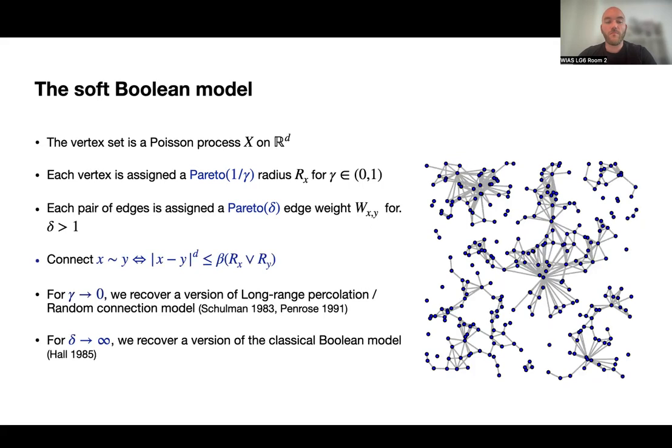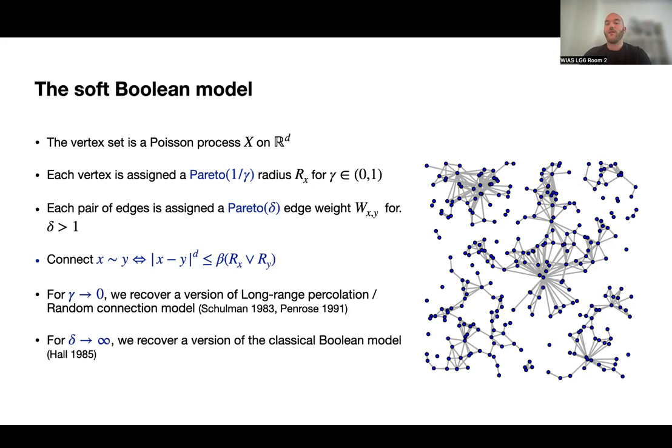Conversely, we could also send delta to infinity and recover a version of the soft Boolean model. Here we don't see long edges anymore, but we see the stars again, so the heavy-tailed degree distributions. So in a sense, the soft Boolean model nicely interpolates between the two standard models of continuum percolation.